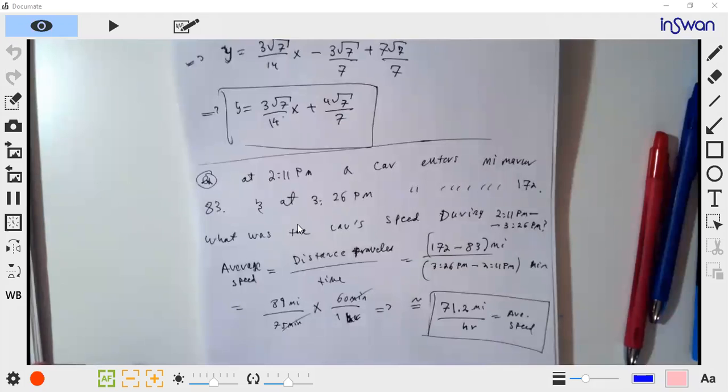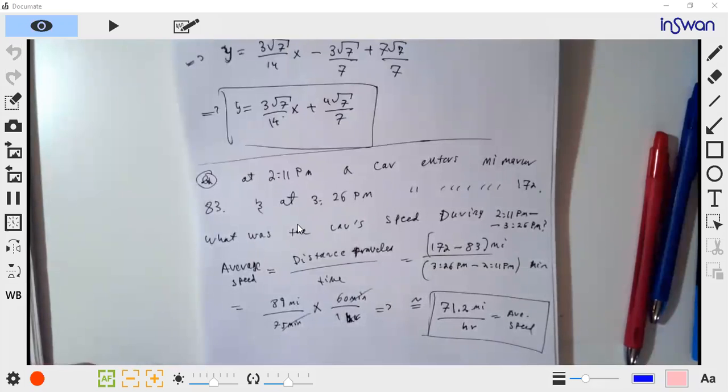All you can say is that the average speed it had must have been 71.2 miles per hour, because one of the ways in which it could have traversed that distance is if it stayed at 71.2 miles per hour and it just stayed at that speed. It didn't slow down, it didn't speed up.